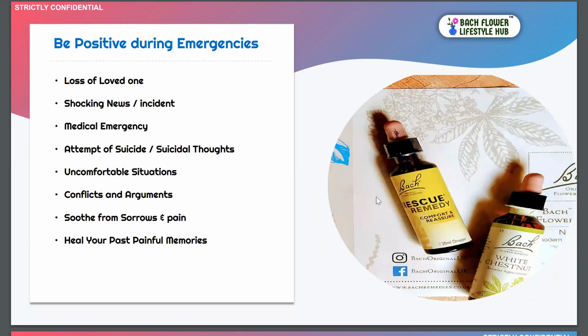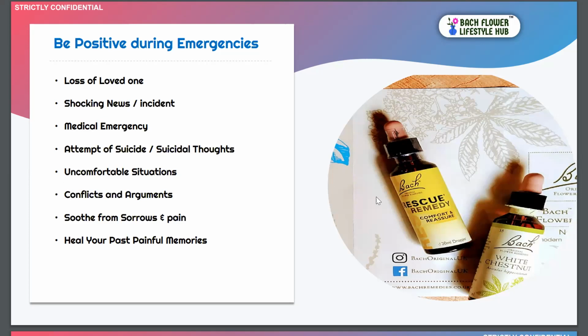Moving to the next slide, be positive during the emergencies. The emergencies and uncertain situations, we cannot stop them, but we should be in a position to really handle them very well.